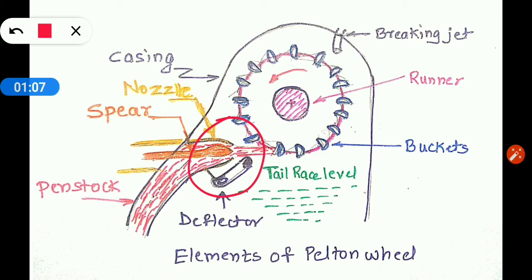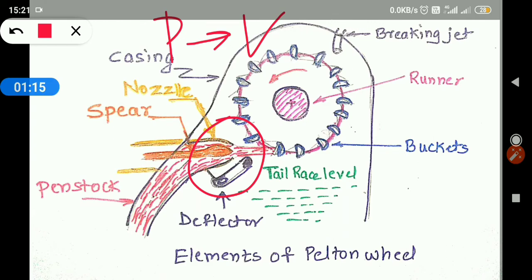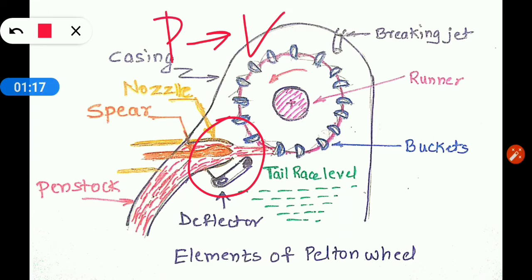The area is decreasing, and because of the decrease in area, the pressure energy gets converted into kinetic energy completely. Why are we saying that it is a complete conversion? Because the jet comes out in the atmosphere freely and then strikes the bucket of the Pelton wheel. So that's why we say that it is a complete conversion. The jet coming out of the nozzle is at atmospheric pressure.